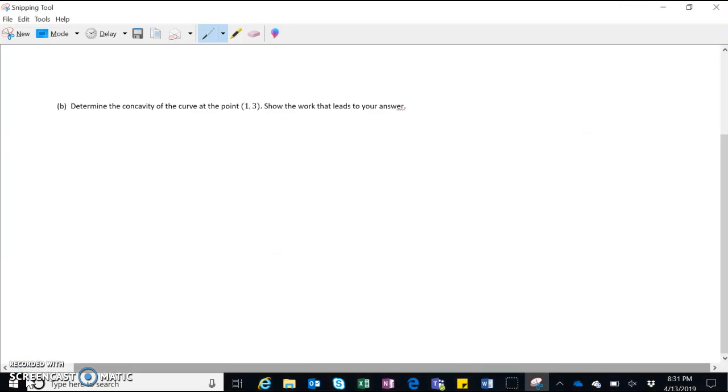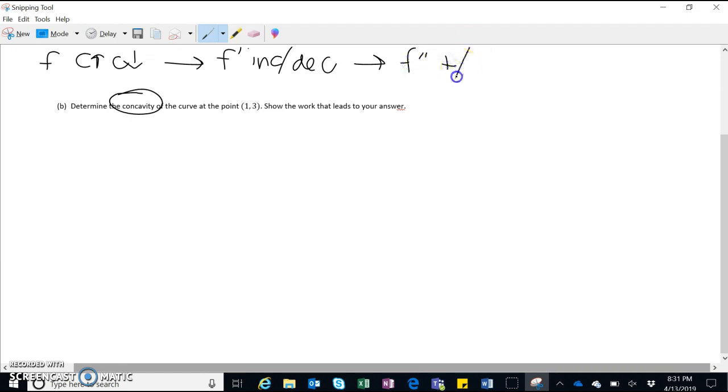Okay, another really common follow-up is to be asked to determine the concavity of the original curve at a single point, showing all of our work. So concavity, if I'm thinking back to the original relationships that I established back in the beginning of the year, for f to be concave up or concave down, that means f prime, or our derivative, would need to be increasing or decreasing, and f double prime, or double derivative, would need to be positive or negative.